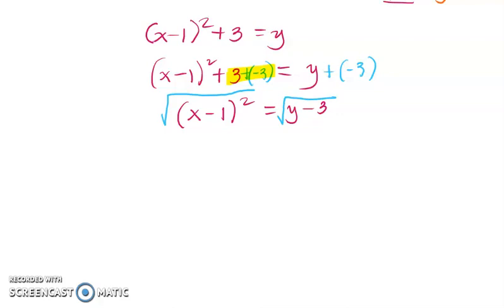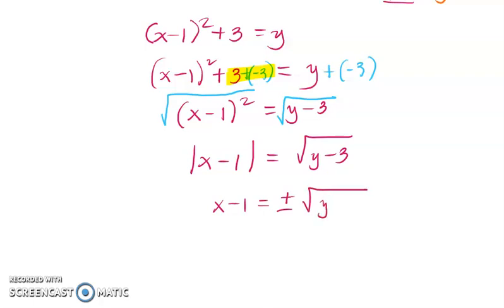The square root of a squared number is just the absolute value of that number, which is equal to the square root of y minus 3. The absolute value here is x minus 1, but we are not sure if it is positive or negative, so we can take the positive or the negative of the square root of y minus 3.